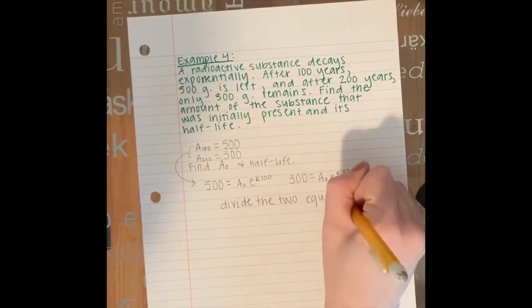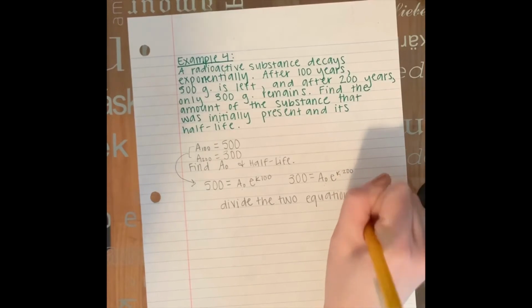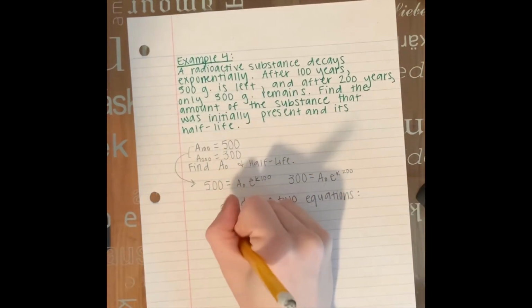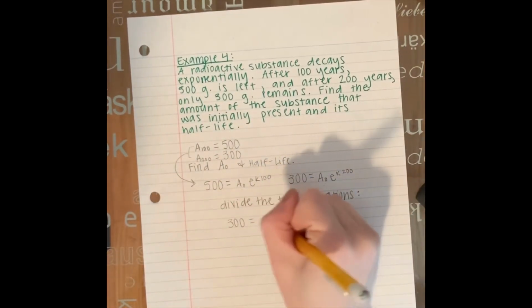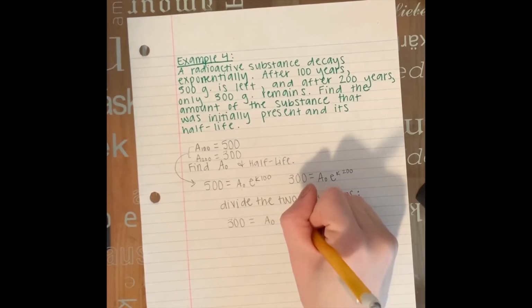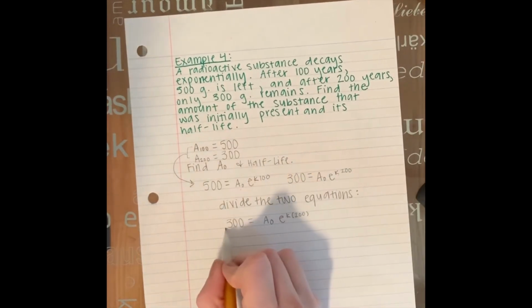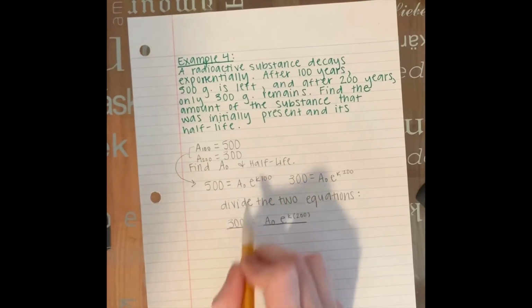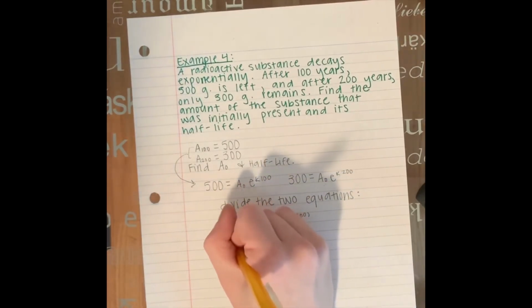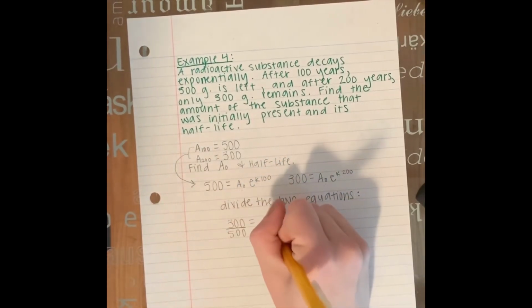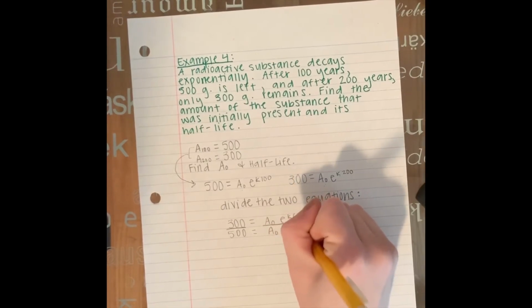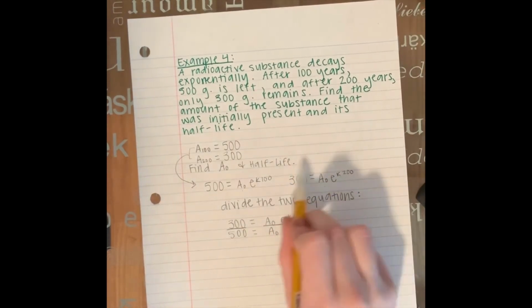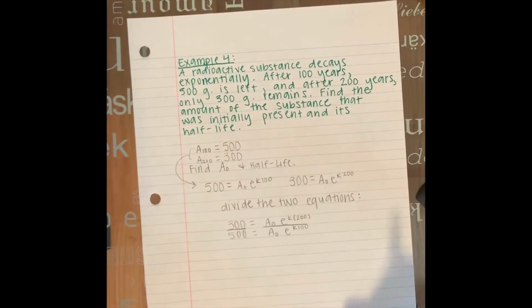You could do it either way, I'm going to take the second one, and divide both sides by both sides of the first one. So 500. All right, so I've divided this whole second equation by the whole first equation.